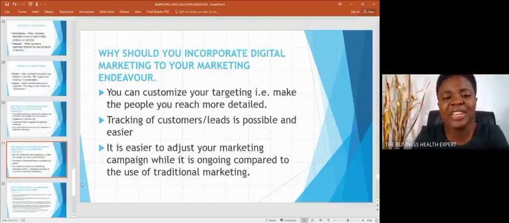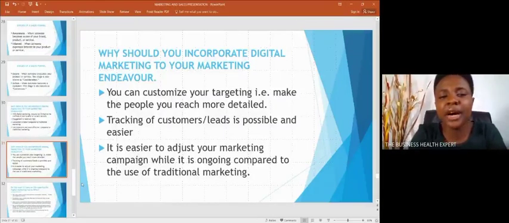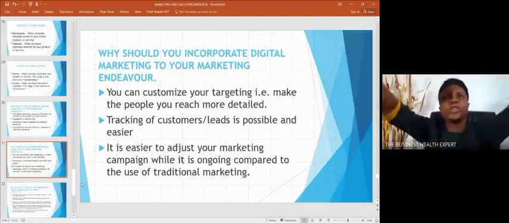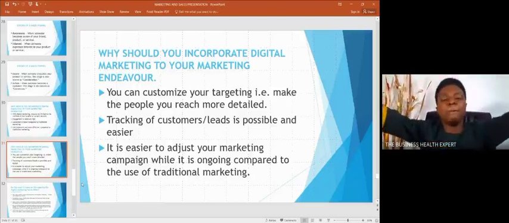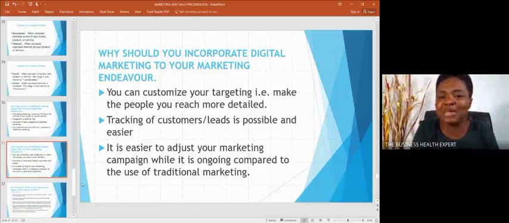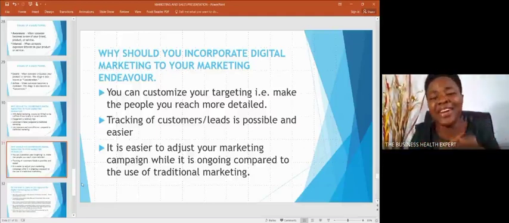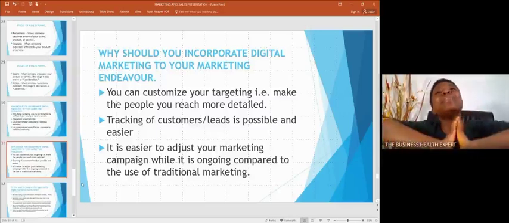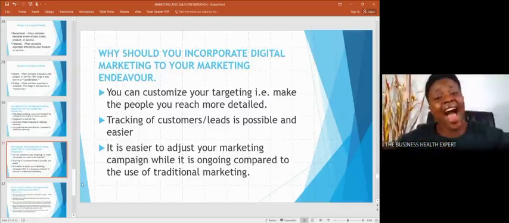With digital marketing, you can customize your targeting. For example, for those that are doing betting, sports bet, Ninja Bet, yes, Ninja Bet, I am their wrong target customer. No matter the number of billboards, sorry, I don't bet. That's what I'm saying. I'm their wrong customer. No matter the number of billboards I see, I am not going to patronize them.